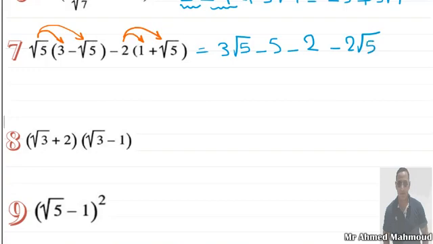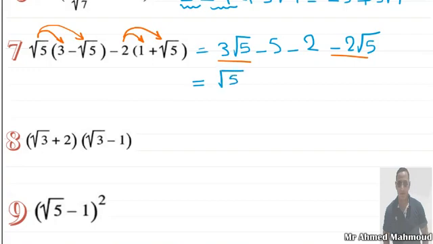Now I'm going to collect the like terms together. Here we have 3 root 5 and the negative 2 root 5. It's equal 3 minus 2 equals 1 root 5, I don't write 1. I will write root 5 directly.